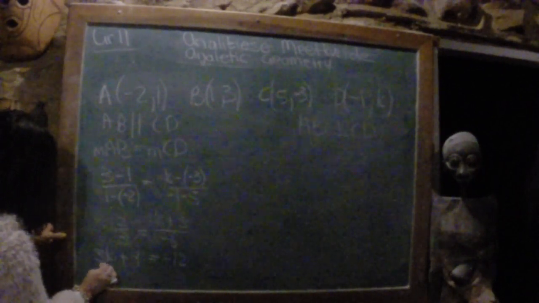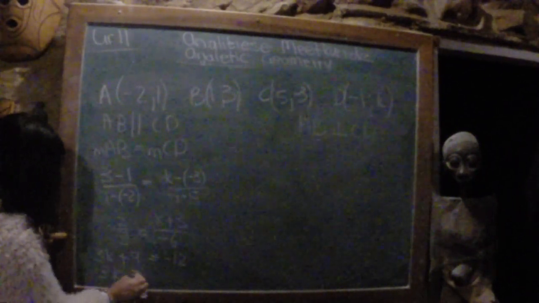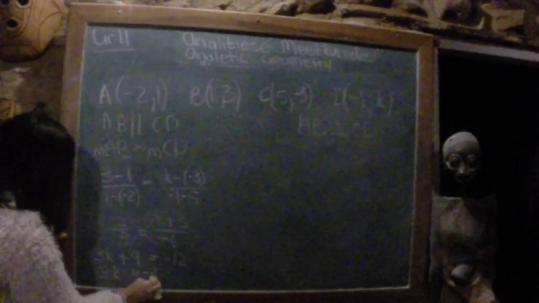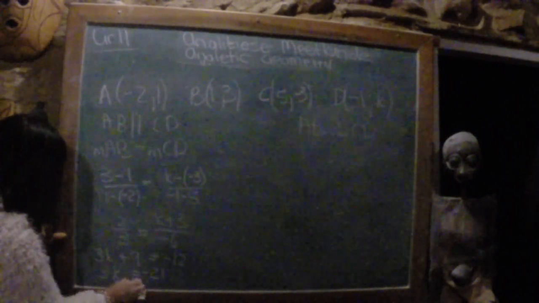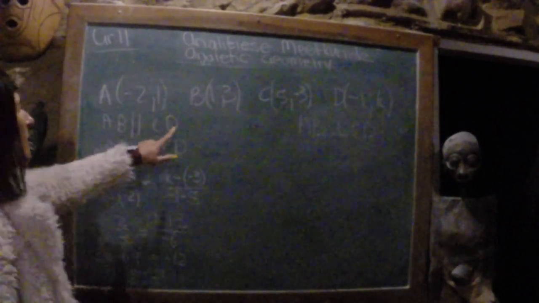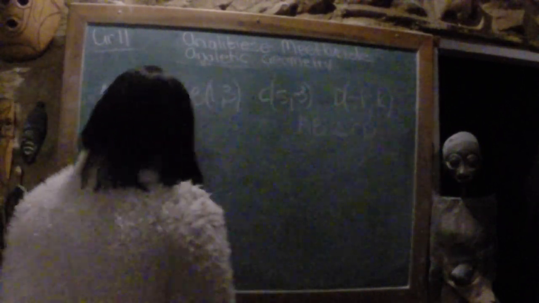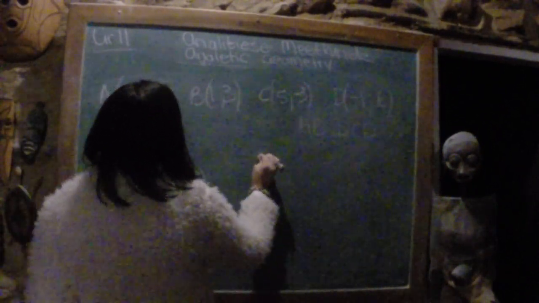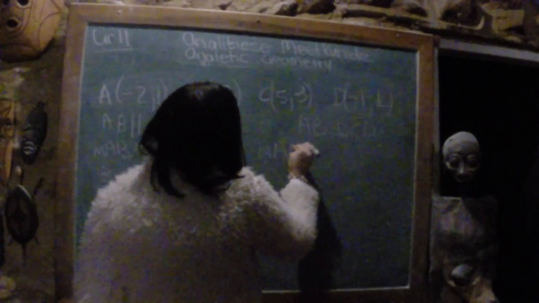So then, if I take the 9 to the other side of the equals sign, it becomes negative, and therefore K equals minus 7.